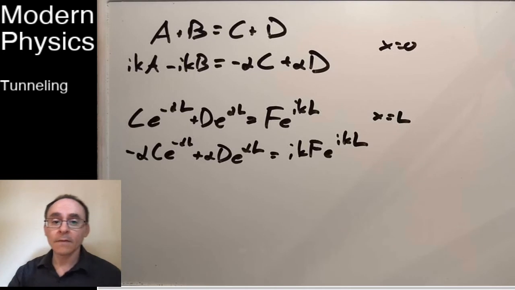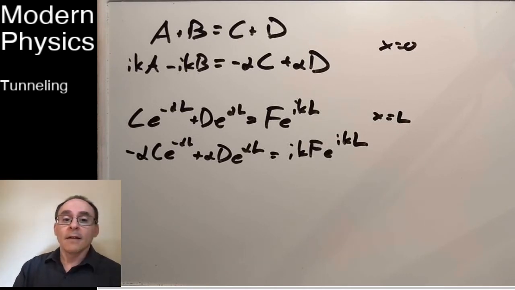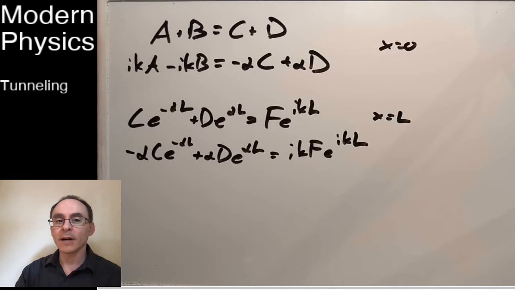Okay. Now, as before, this looks like sort of a mess. It looks like we have 5 unknowns and 4 equations, but really we only care about things relative to the initial incoming intensity, which is A. So really there's only 4 unknowns that we want to find: B, C, D, and F. And actually, we don't really care.